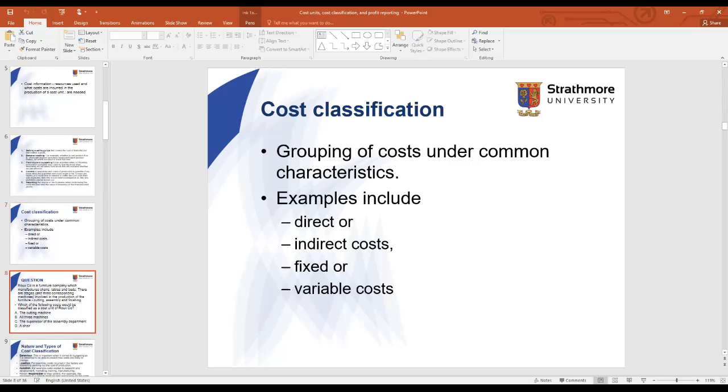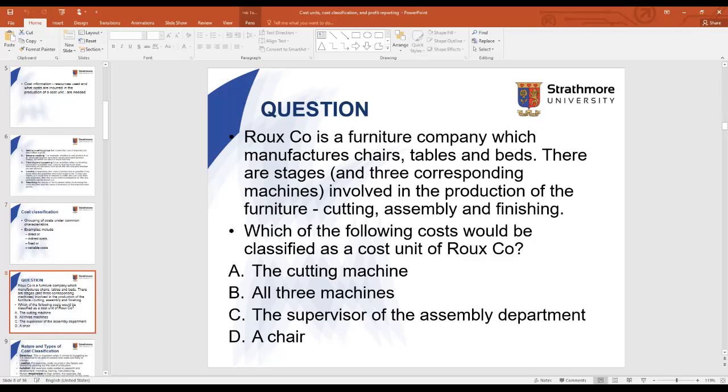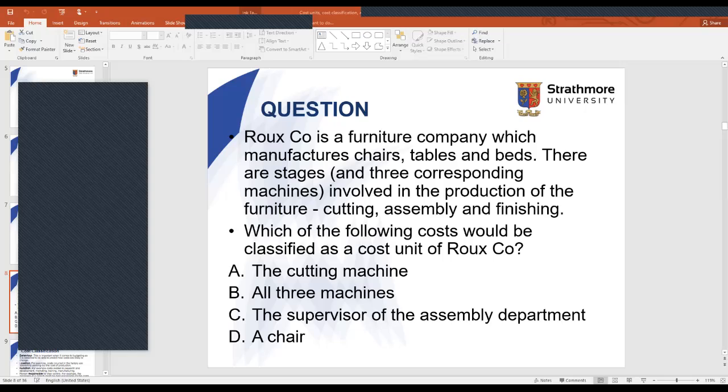An example question here. Let me know the answer. This question should have come a bit earlier, but either way, let's do it now. Hello, what's the answer? Talu.